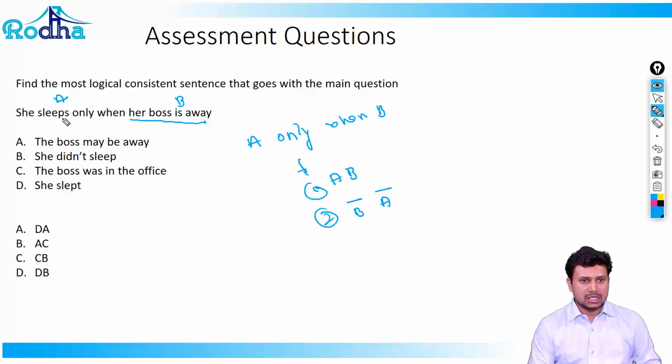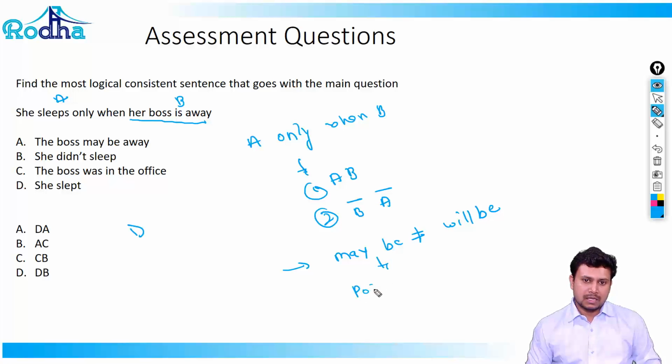AB, A is she sleeps, so she slept, so D, and B stands for her boss is away. The boss, now again boss may be away, and this we have done in the previous question, that may be is not equal to will be, because this is a possibility. So this is a possibility and this is a surety.